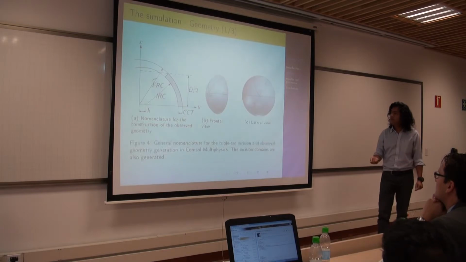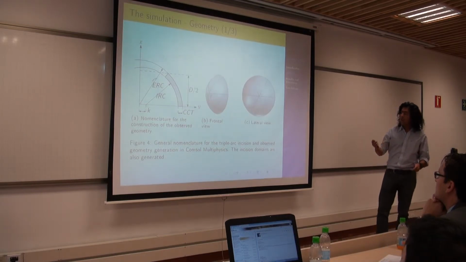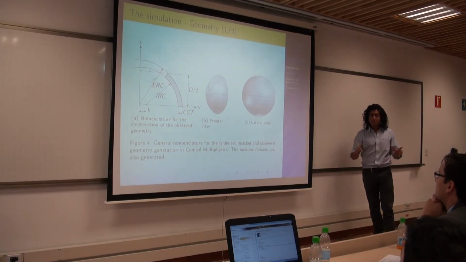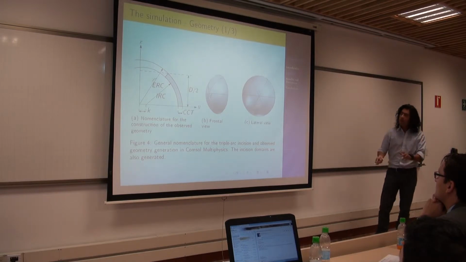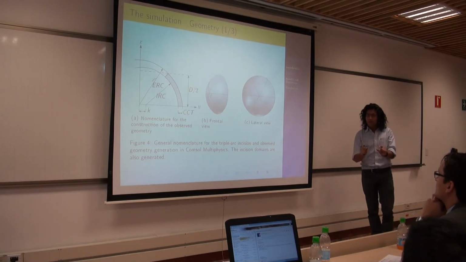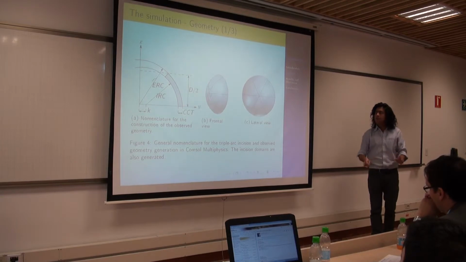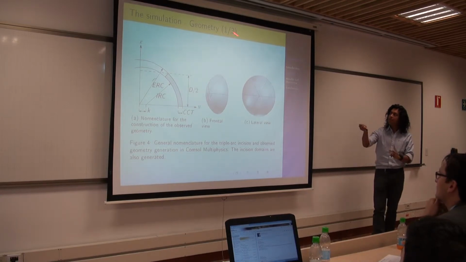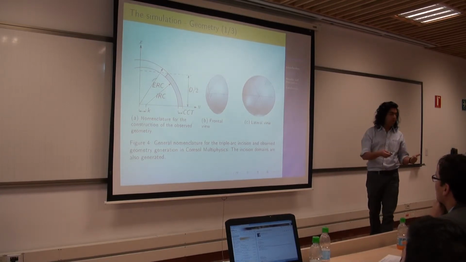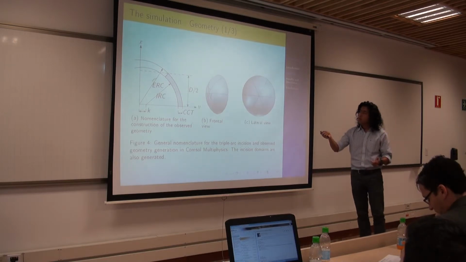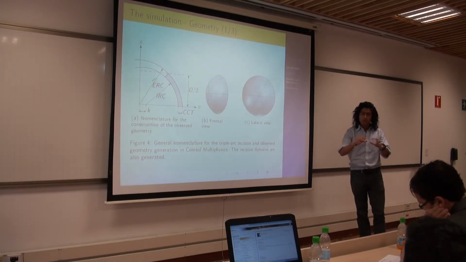Let's move on. I will go very quickly through the major steps in the simulation of the surgery. This simulation is done in very specific and technical engineering software, and it has mainly three steps. The first step is called the geometry generation, where we create a geometry of the human cornea.